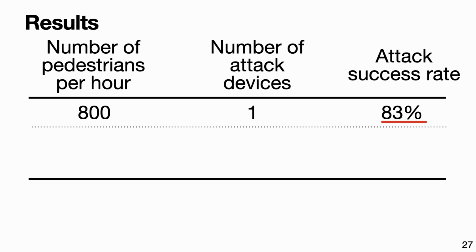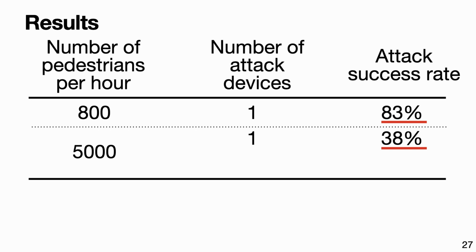This table shows the relationship between the number of pedestrians per hour, the number of attack devices set up, and the attack success rate. When the number of pedestrians per hour is 800 and the number of attack devices is 1, the attack success rate is 83%.